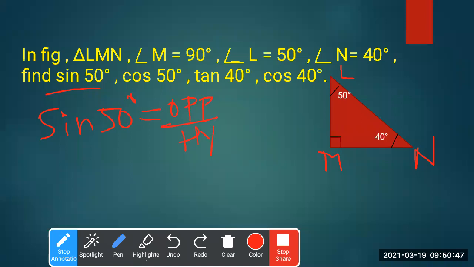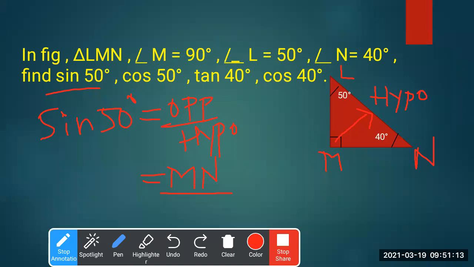So sine 50, if I say this is the 50 degree, which is the opposite side to the 50? It is MN upon hypotenuse. As I told you, the opposite side to the 90 degree is the hypotenuse. This is the hypotenuse.